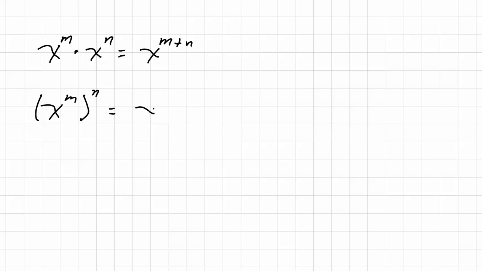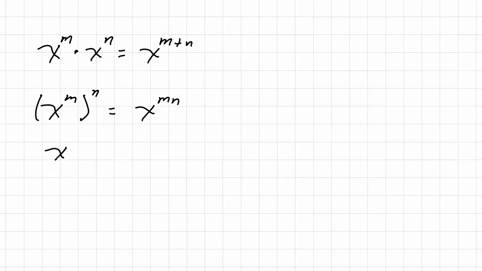So just a little review. If we take x to the m times x to the n, we add exponents. If we take an exponent or power to a power, we multiply.